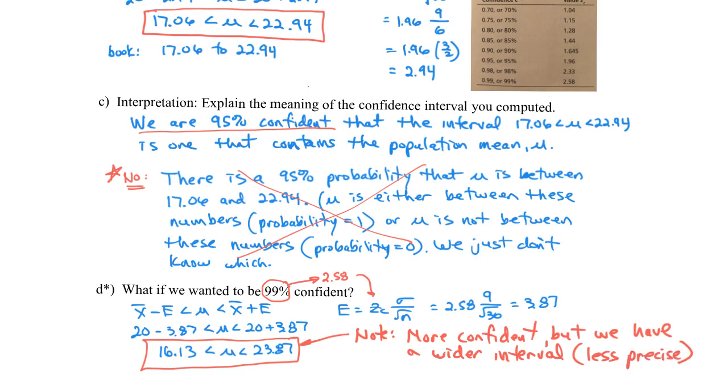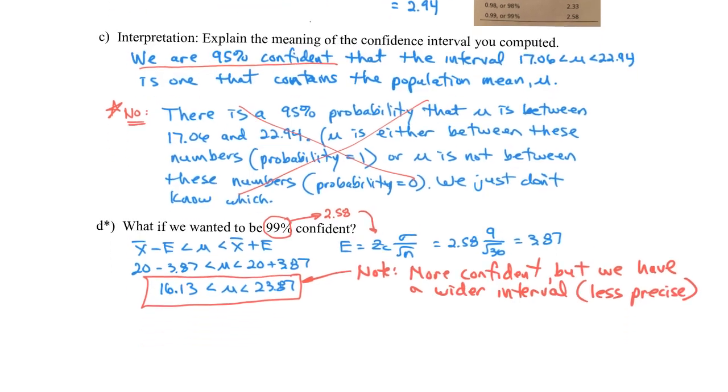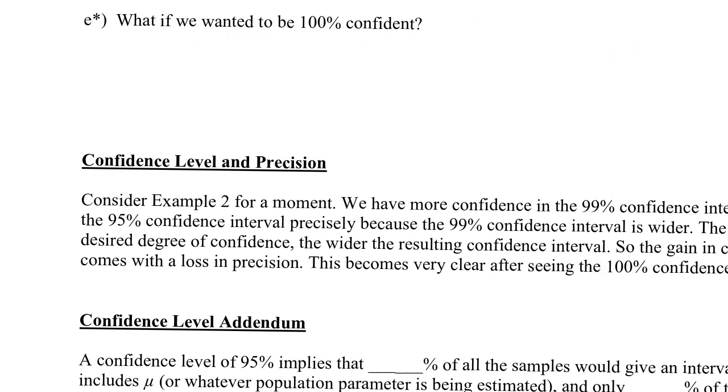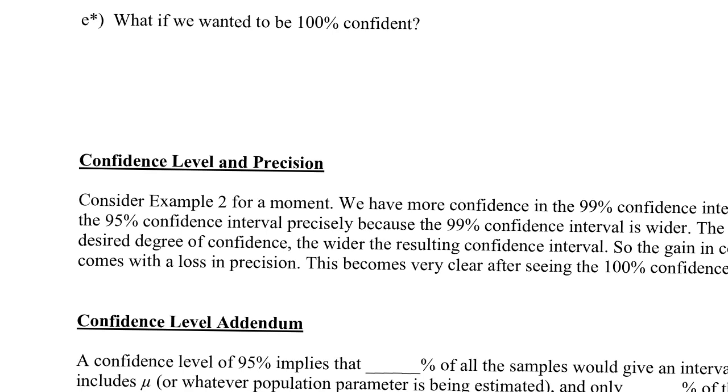Okay, so what if you're thinking, okay, 95% confident, we get this interval, 99% confident, we get this interval, but what if you're like, you know what, I don't want to play around with this, I want to be 100% confident. And you can be, but as you imagine, there's going to be a little bit of a trade-off here.